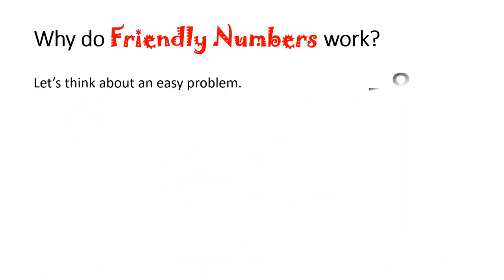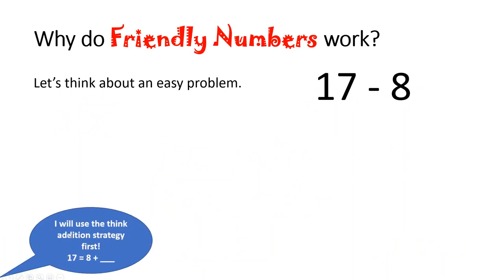Let's think about an easy problem. 17 minus 8. That is a hard problem, right? Because we had to regroup or we can add up. Let's think about addition, or thinking addition first. 17 equals blank plus what? So I'm going to turn this into my fact family or related facts and goes 8 plus what equals 17.